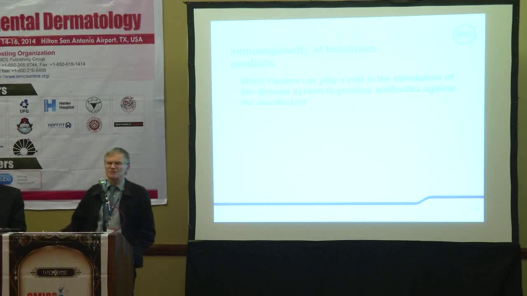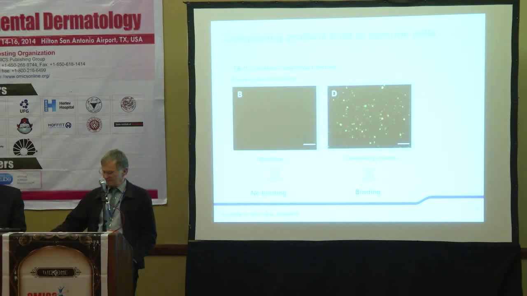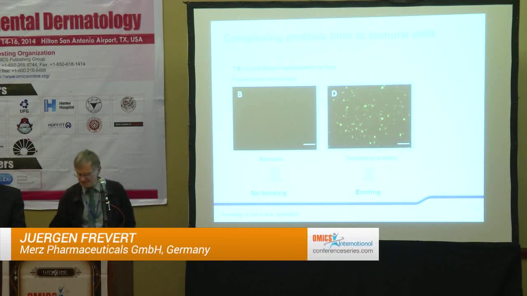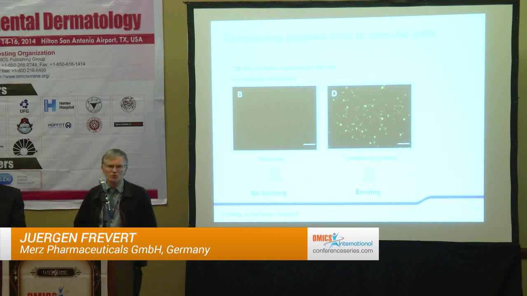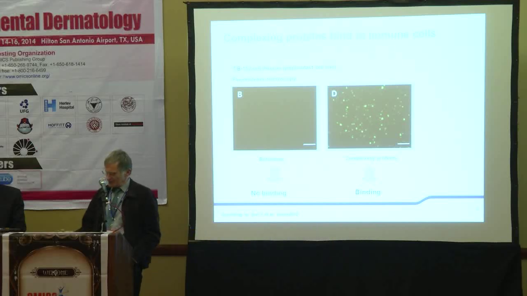So, which factors can play a role in the stimulation of immune response against the neurotoxin? Well, there are hemagglutinins, there are other clostridial proteins, and there are inactive neurotoxin proteins, which I have already mentioned. What about hemagglutinin? Well, hemagglutinins are lectins which can bind to immune cells, and that they really can bind is shown in this slide.